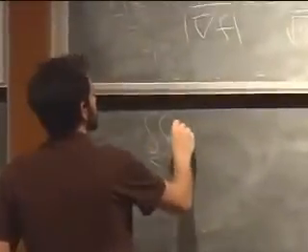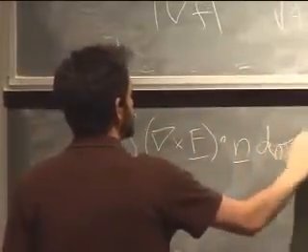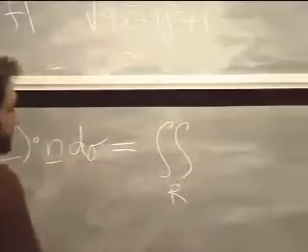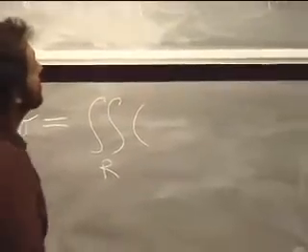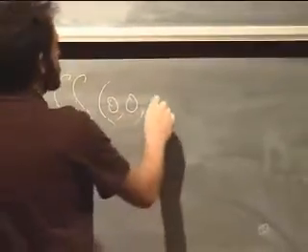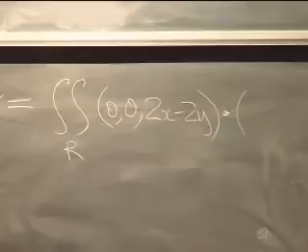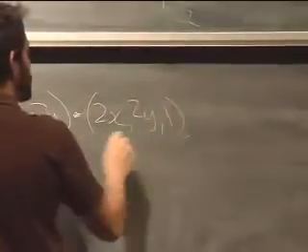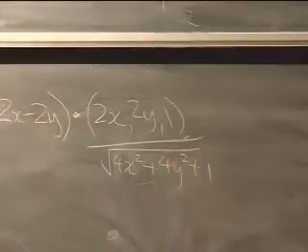And so when we work out our integral, curl of f dot n d sigma is equal to the integral over the shadow, which we'll look at in a second, of the dot product of the curl of f, which is 0, 0, 2x minus 2y, dotted with n, which is 2x, 2y, 1 over square root 4x squared plus 4y squared plus 1.